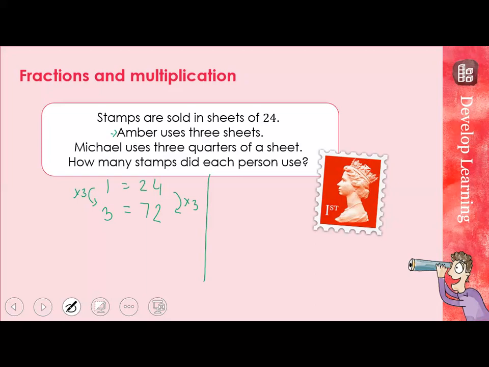Let's have a look at the second part of this question then. Michael uses 3/4 of a sheet of stamps. Okay, this is going to be a little bit trickier. So each stamp book contains 24 stamps.